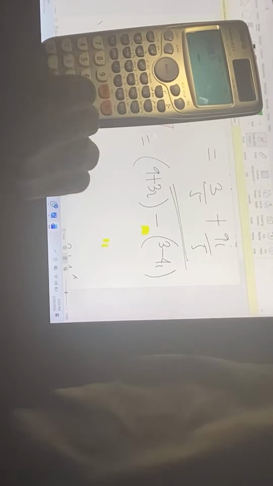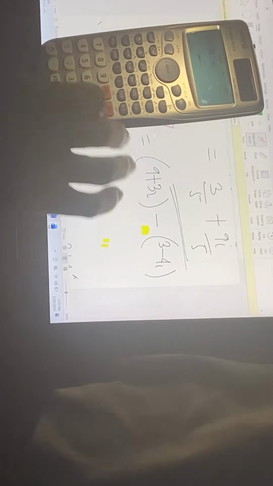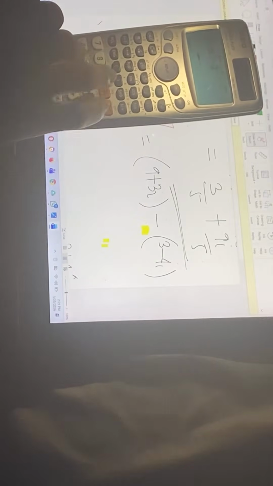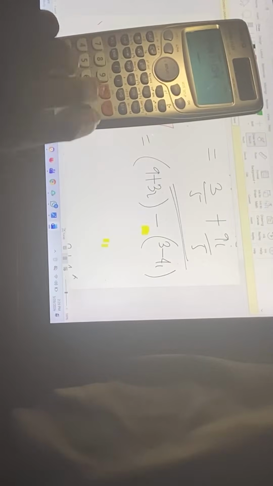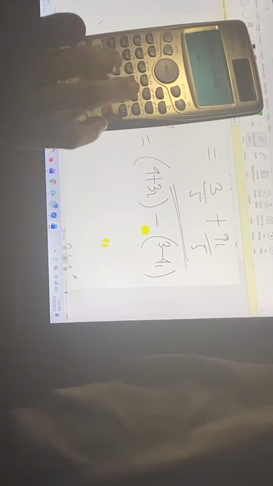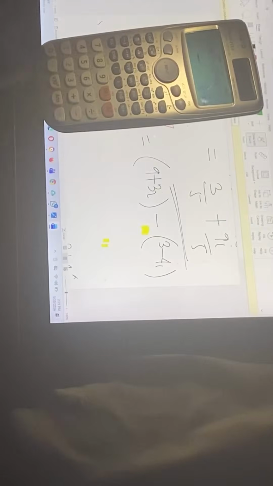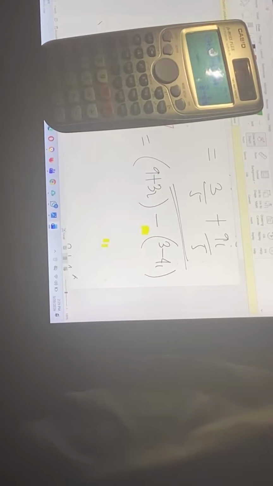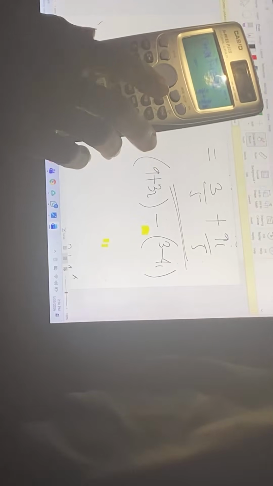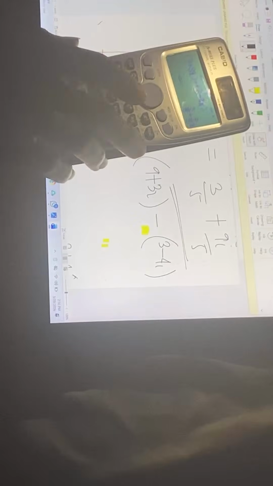You press eng there and close your bracket. Now divide, press division here, open your bracket, 3 minus 4 eng, close your bracket and press equal to. So you have the answer to be 3 over 5 plus 9 over 5 of i. This is how we solve complex numbers using our calculator.